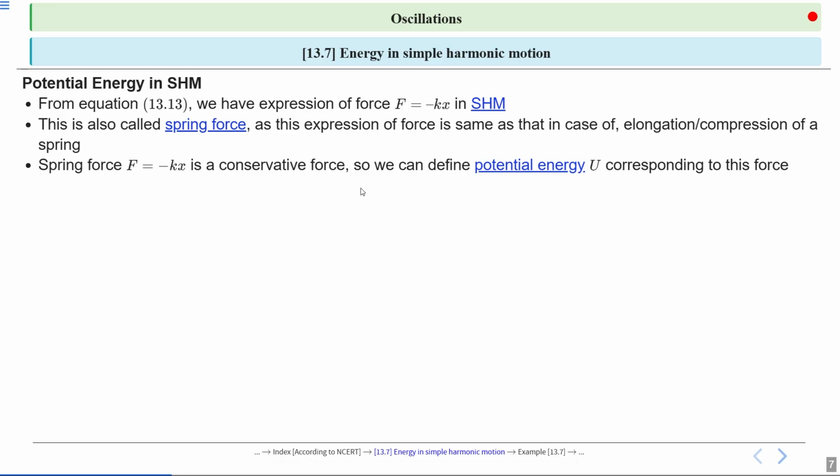We call this stored energy potential energy, and we use the symbol capital U for it. This means we can track how energy moves between kinetic and potential forms as the object oscillates.